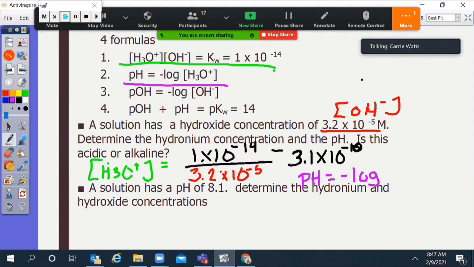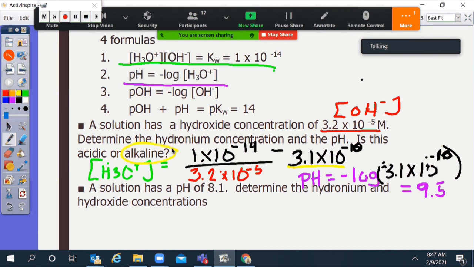We'll take the negative log of the H3O plus. So that H3O plus, remember, is 3.1 times 10 to the negative 10th. So we're going to take that, and I get a pH of 9.5.